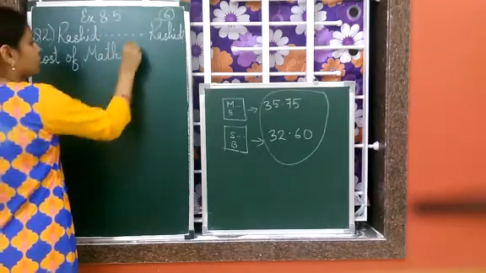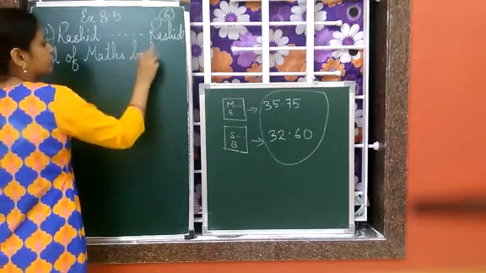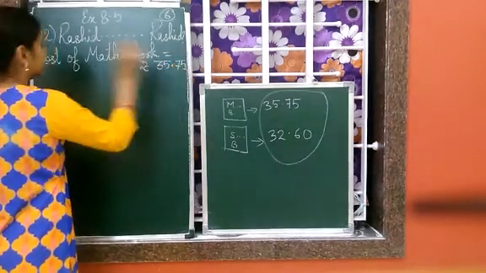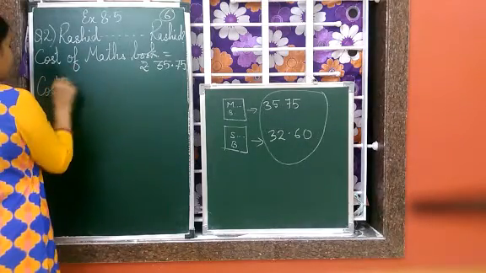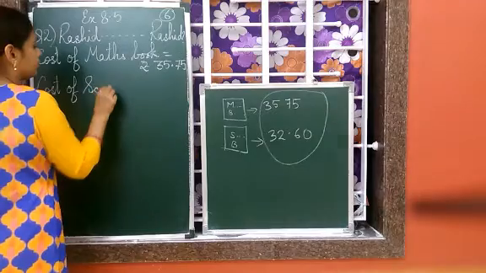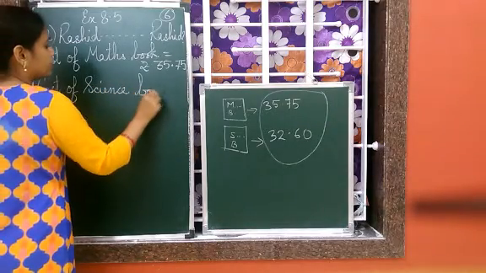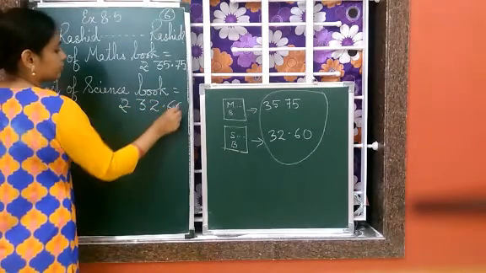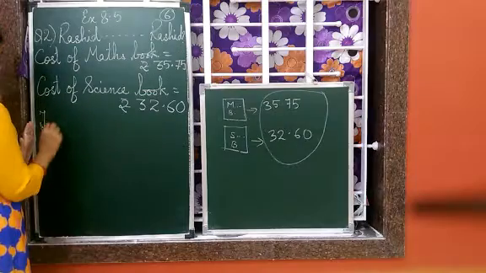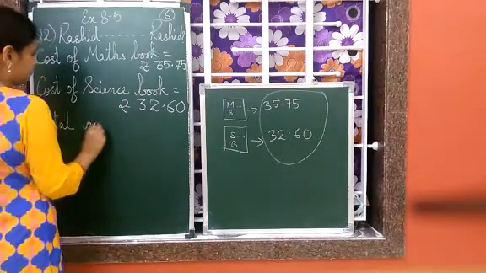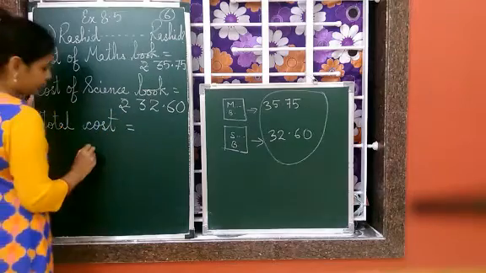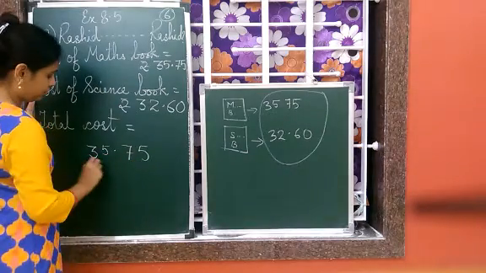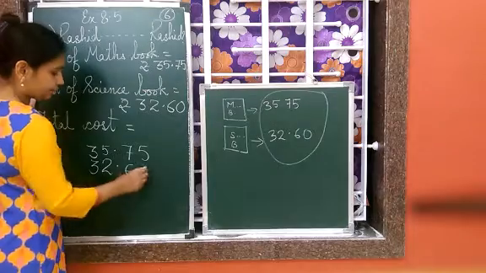Cost of maths book, then total cost. For total cost, we are going to write the numbers, okay.